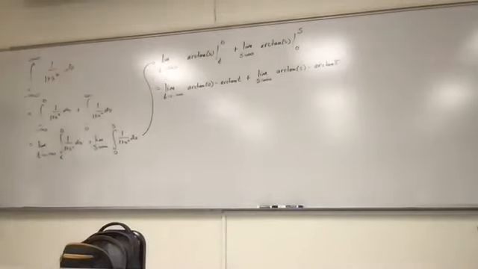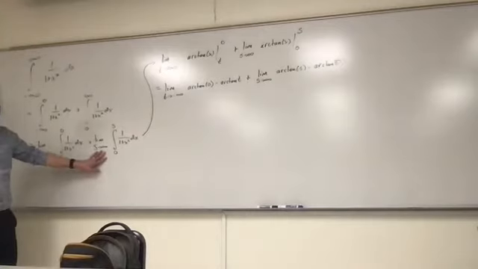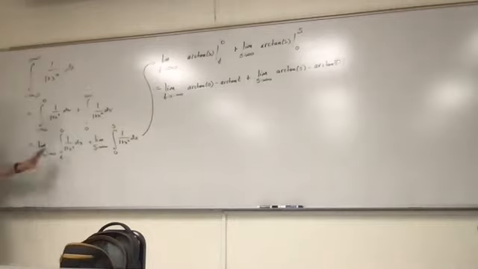And right here, this is where I think the value of picking a different letter shows up, because we really do want to look at this and say these are two halves. They both have to separately be convergent.